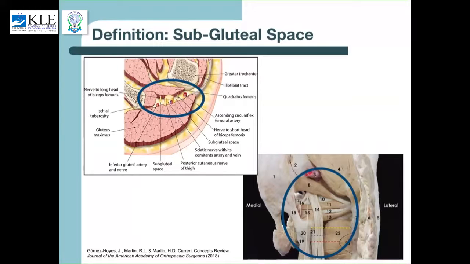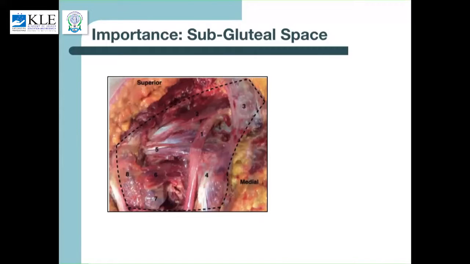Laterally, you have the lateral lip of linea aspera and the gluteal tuberosity. Medially, you have the sacrotuberous ligament and the falciform fascia. Superiorly is the inferior margin of the sciatic notch, and inferiorly you have the proximal origin of the hamstrings and the ischial tuberosity. So what is so important about this space?